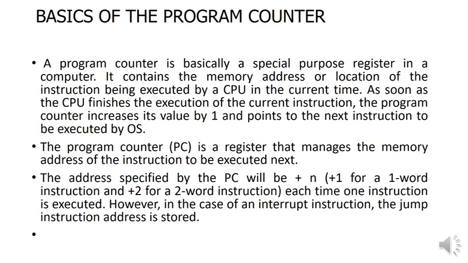The address specified by the PC will be PC plus N, where N is plus 1 for a 1-word instruction, and plus 2 for a 2-word instruction, each time one instruction is executed. However, in the case of an interrupt instruction, the jump instruction address is stored.